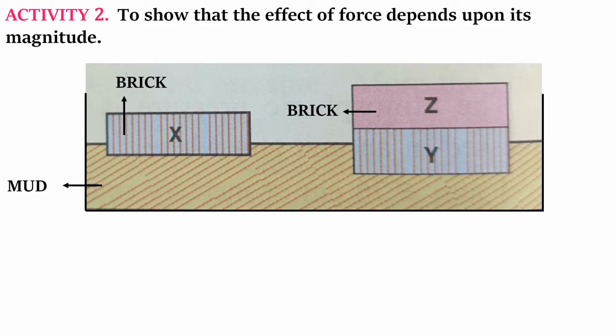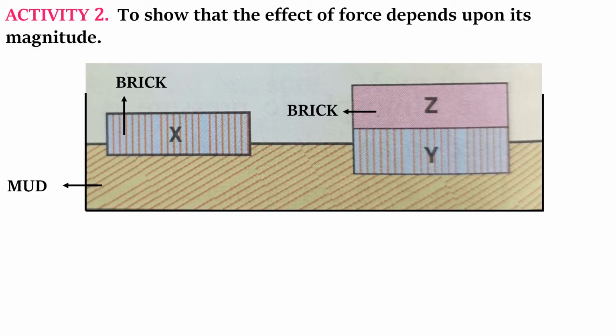Now what we are doing in this activity is we will place brick X and Y alongside each other on the soft mud, and we will notice that both the bricks will sink to the same level in the mud. Now we will place one more brick Z, on brick Y.